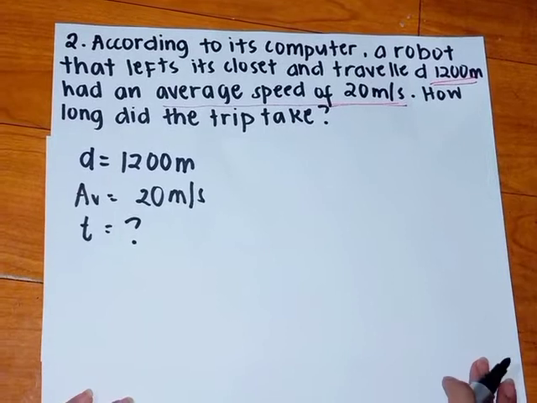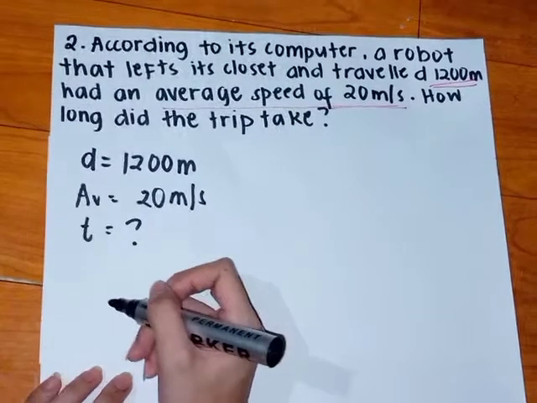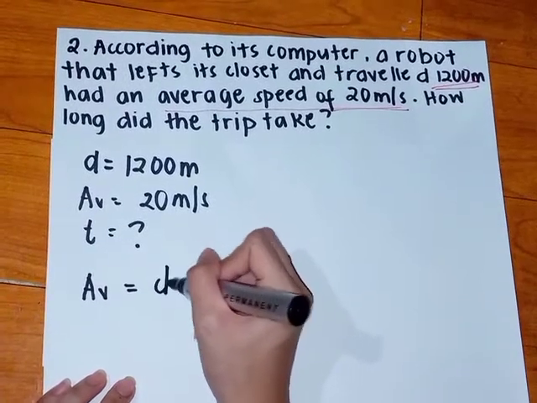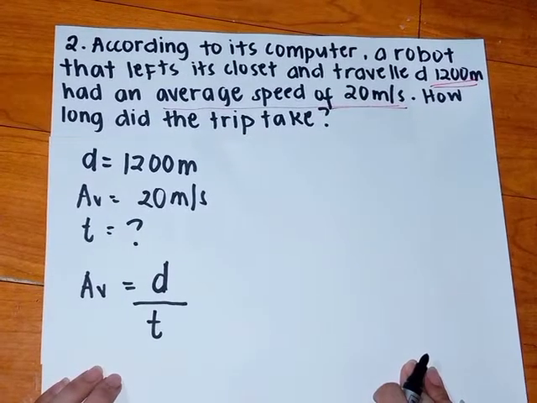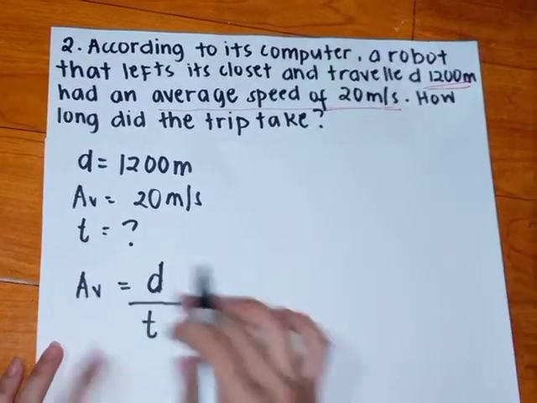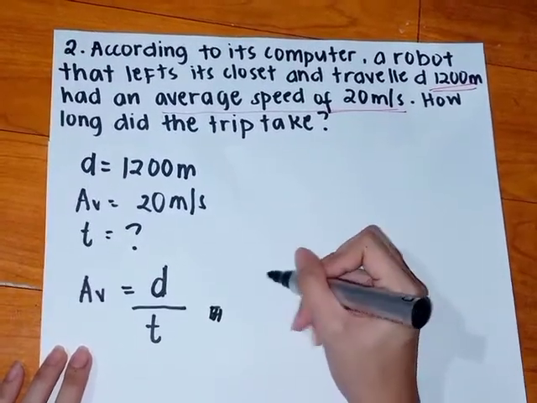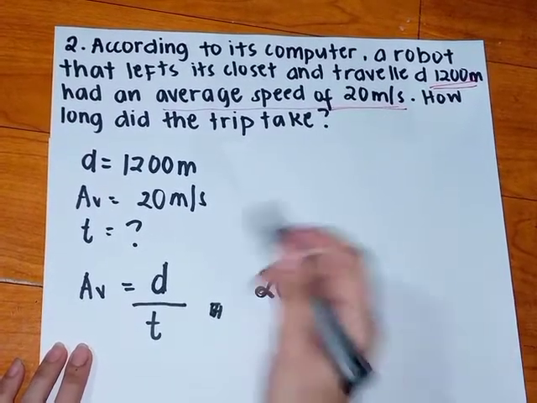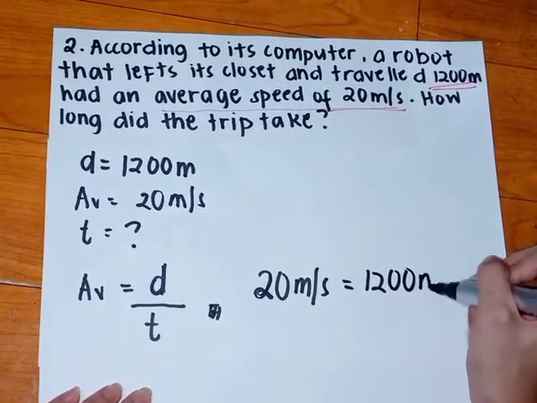So, by the given, we can use the formula of average speed, which is average speed is equals to distance over time. So, we have to substitute the given. So, makikita naman natin dito, given na yung average speed. So, given yung average speed na 20 meter per second. At meron din tayong distance, which is 1,200 meter.